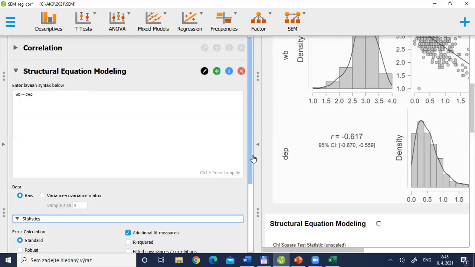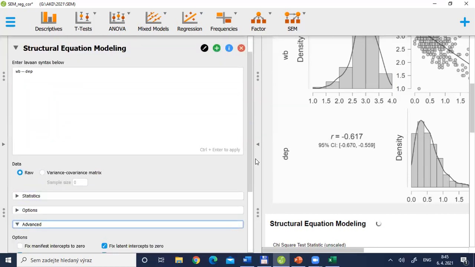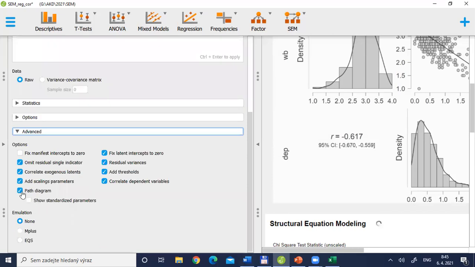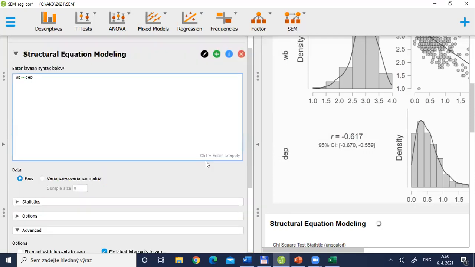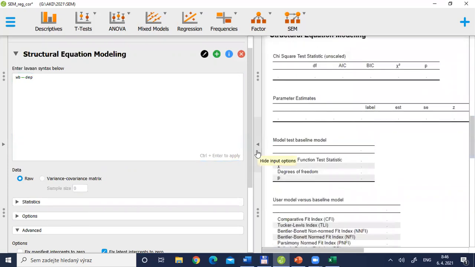So here we have for statistics additional fit measures, and for advanced, we have asked for path diagram. So now we can go back to this dialog and click Control plus Enter. So JASP now needs to compute our results and prepare pictures. So you need to wait for a minute, I guess.